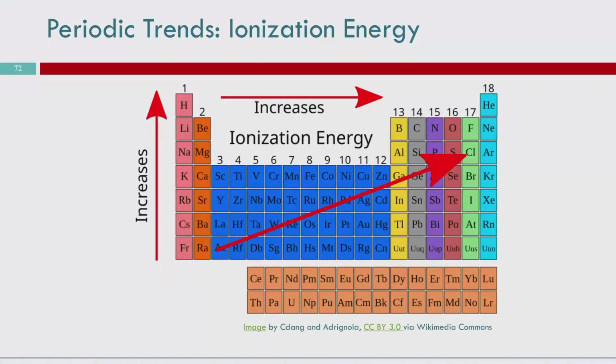Okay, so ionization energy increases up and to the right. If you had to take a guess, what element is going to have the highest ionization energy? It's not fluorine. Helium. Helium has the highest ionization energy. It's really small, so those electrons that we would be stealing are as close as we can possibly get to the nucleus relative to our other elements.